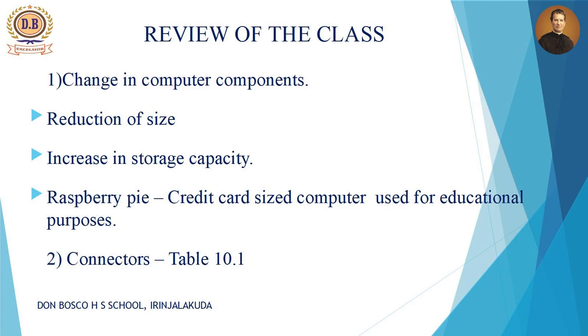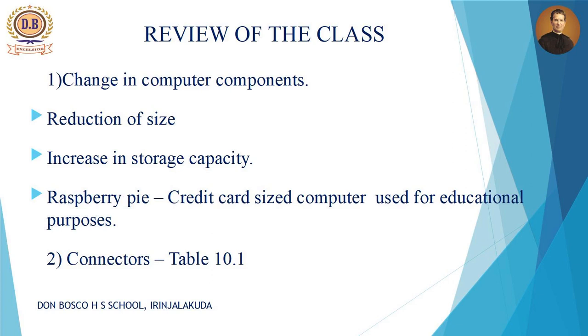Next we discussed one important connector or port called USB, Universal Serial Bus. You are all familiar with USB. Nowadays we use micro USB in our mobile phones, a wireless mouse uses a USB receiver, wired keyboard and mouse use the USB port, and also charging, fan, light, etc. Nowadays we use the USB port for speedy transfer of information.